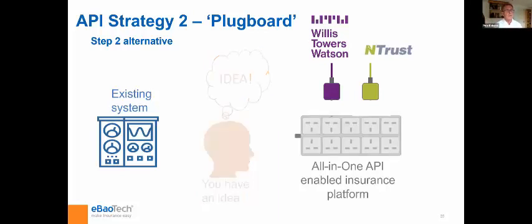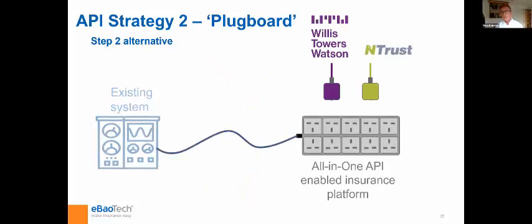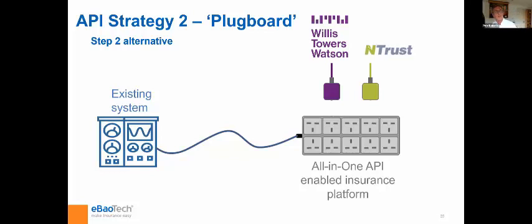Now, this time, instead of going to IT and saying, I need to hit the existing technology stack, and they go, oh no, that's going to cause big problems with our legacy system, it's going to make it unstable. We just make a simple connection between an all-in-one API-enabled insurance platform with the plug board here in this picture, and then just click in Willis Towers Watson and Interest because they are API-enabled. Hence the plug analogy. So the circuit is now complete and you can implement your new business idea.